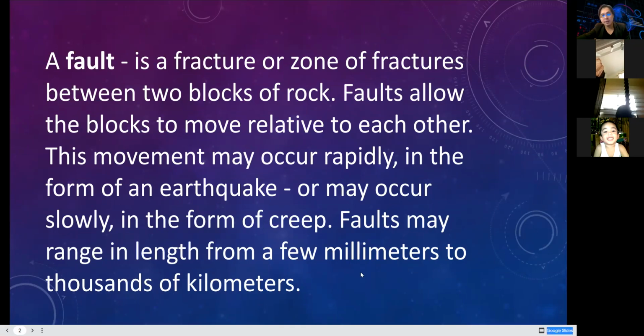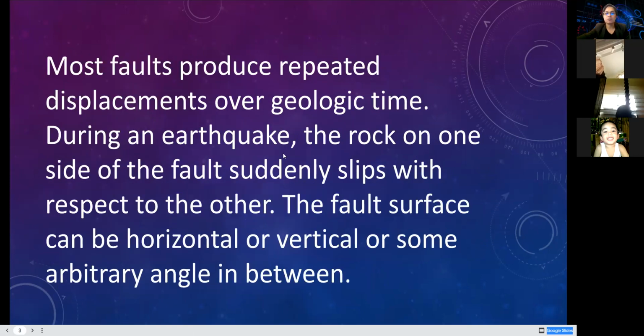Faults may range in length from a few millimeters to thousands of kilometers. Most faults produce a repeated displacement over geologic time. During an earthquake, the rock on one side of the fault suddenly slips with respect to the other.